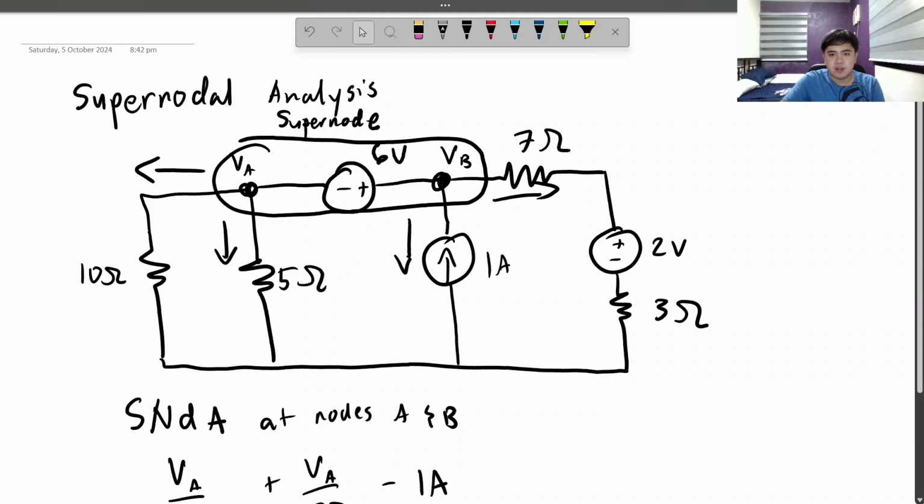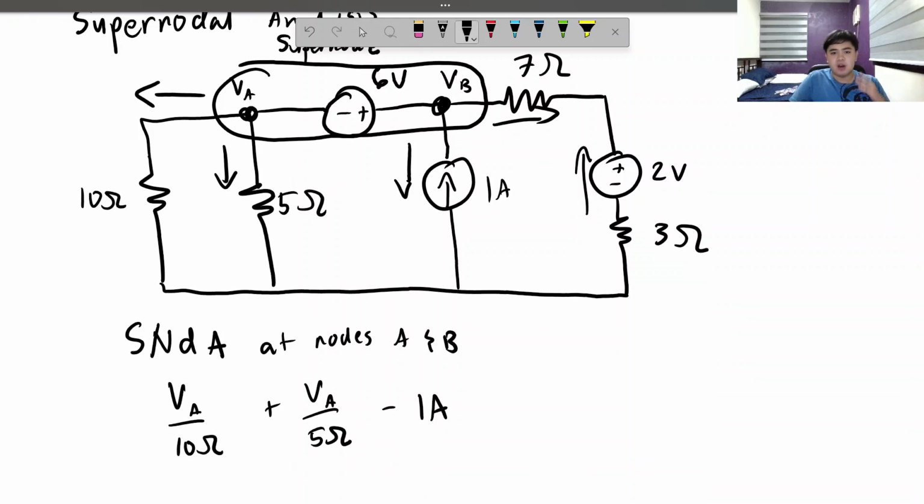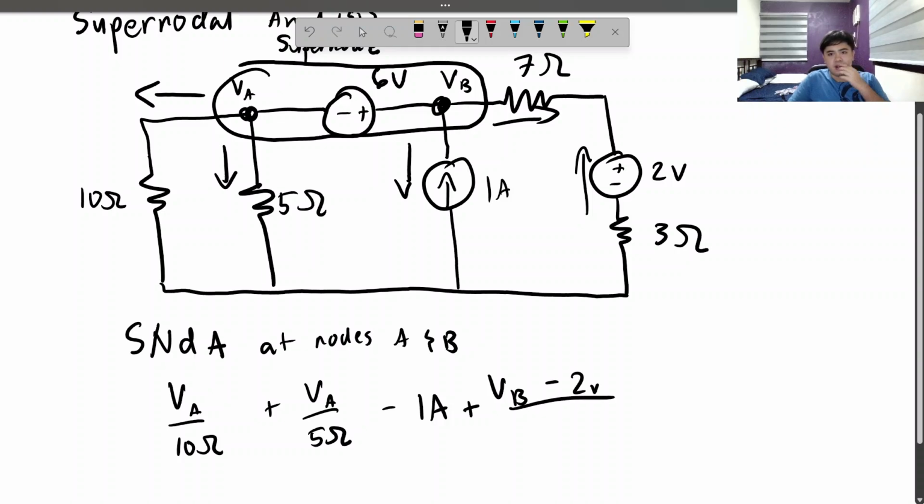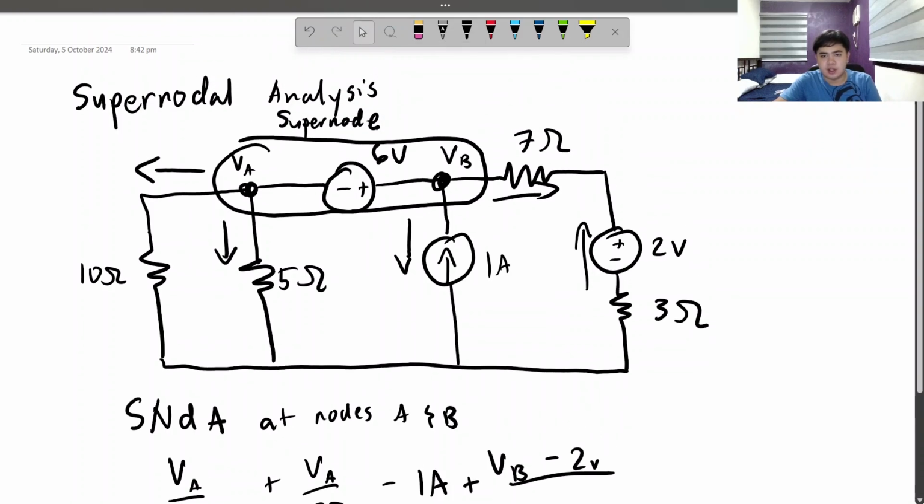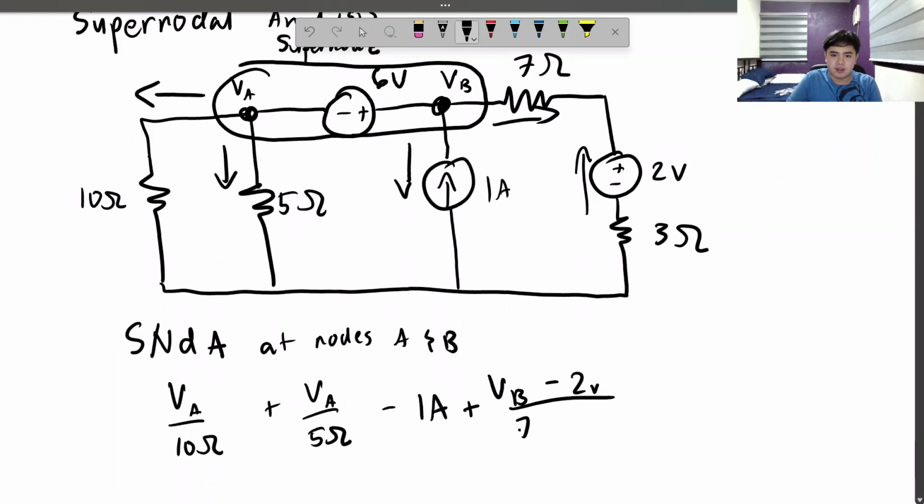And for this one, the voltage source here goes up, so that contradicts this VB going away from it. So it's going in the opposite direction. So it should be subtract. So VB, we should add this, VB minus 2 volts over the total resistance in this circuit, which is 7 plus 3 or 10, but let's just put 7 plus 3 for completeness. And then due to nodal analysis, this is equal to 0.